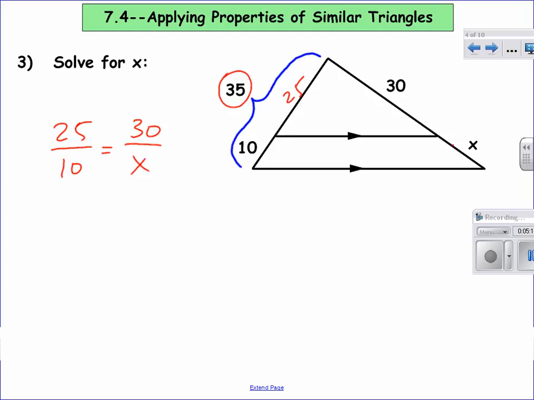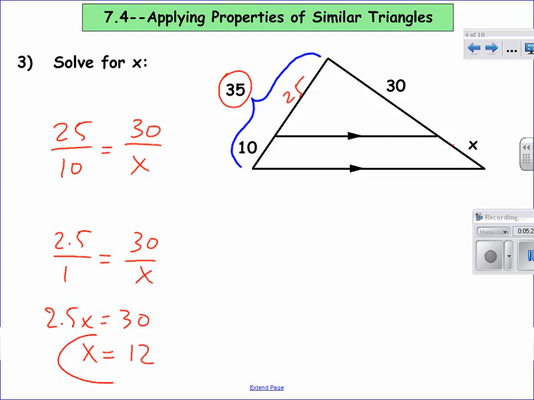I'm going to make this 2.5 to 1, simplify that a little bit, equals 30 to x, and 2.5x equals 30, divide it out, and we get x equals a nice even 12. Does that make sense? 25 is to 10 as 30 is to 12. Yeah, that works. All right, that ratio holds.